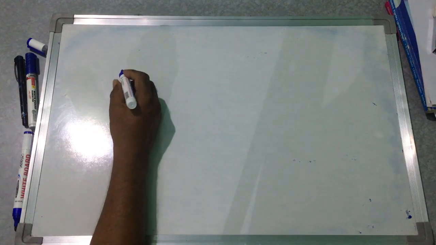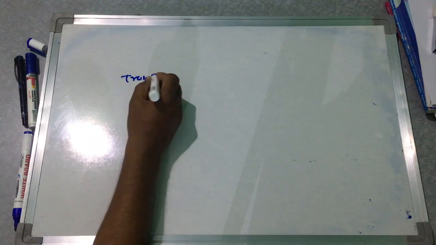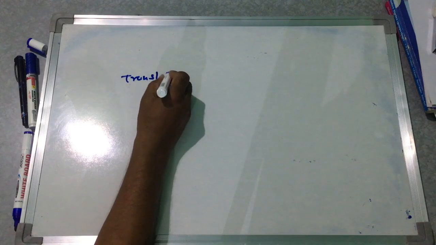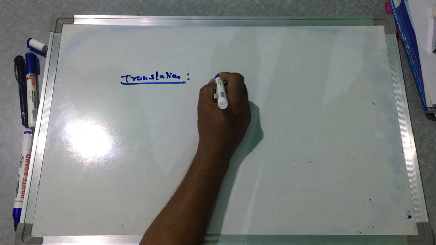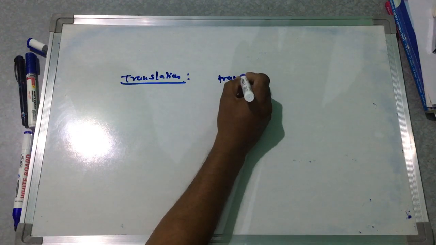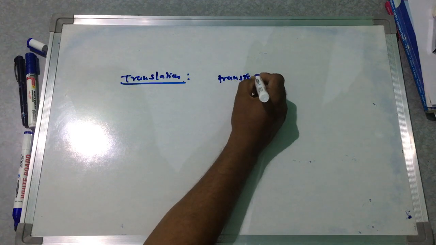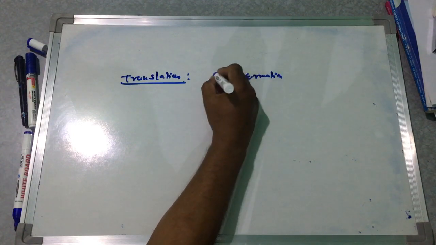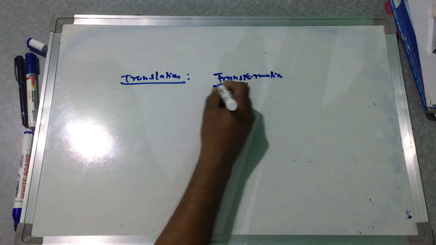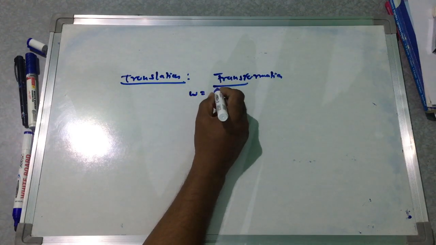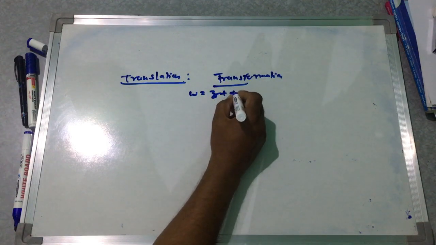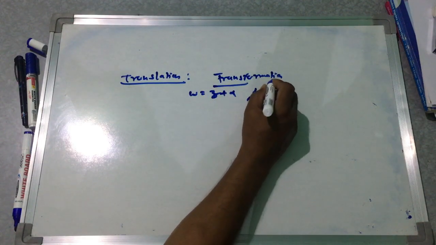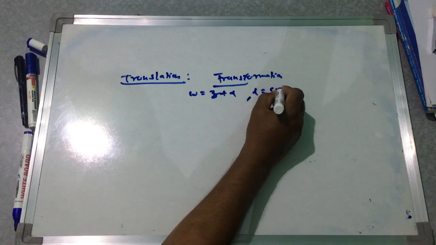Again we have some translation. So we have to consider the transformation W equals Z plus alpha, where alpha is a complex constant.